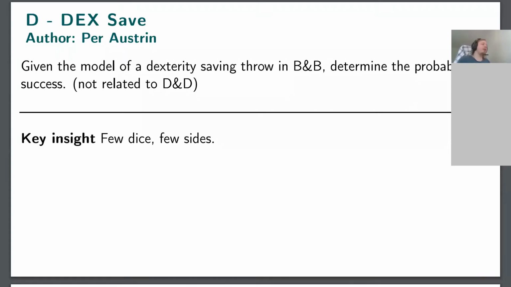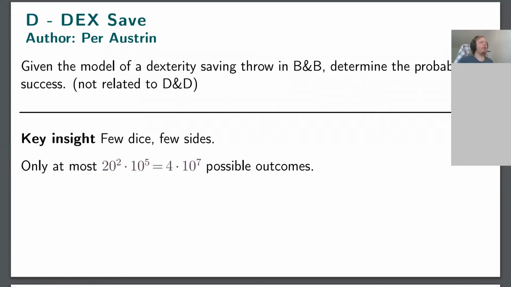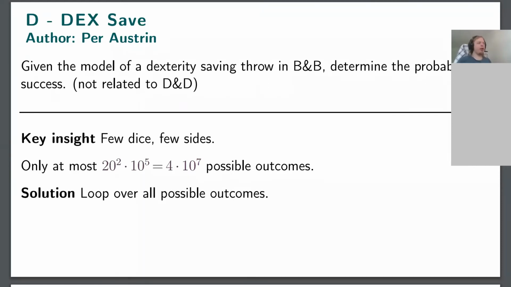So what's the key insight there? If you look into it, you can see that there were actually not that many dice, and each die had not that many sides. So if you think about it, you notice that the number of possible outcomes is actually not that large, and because of this, we can just loop over all possible outcomes.